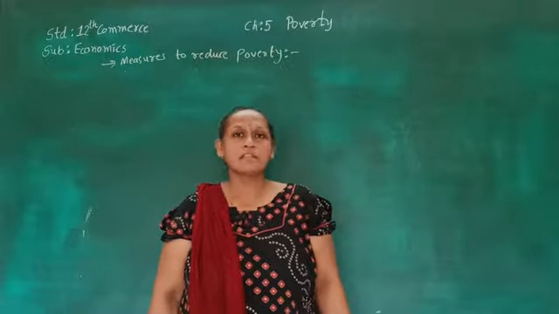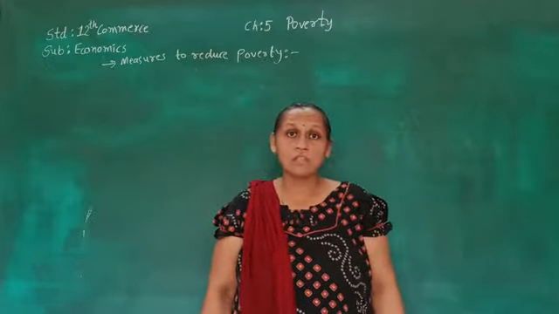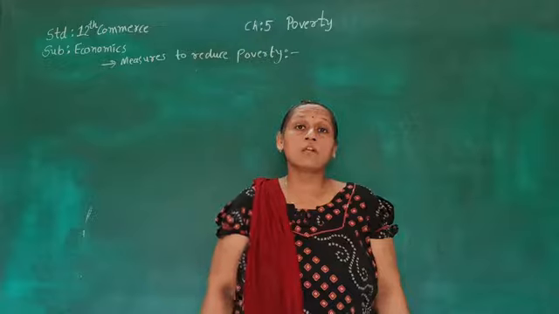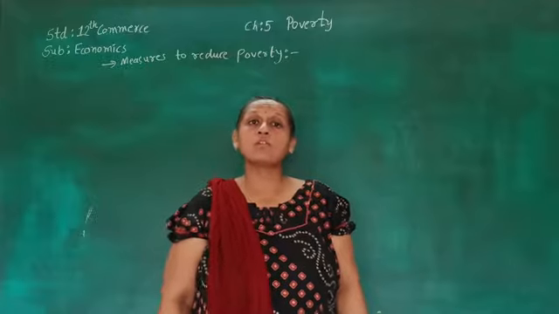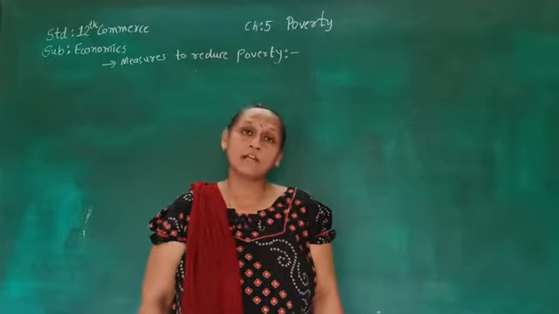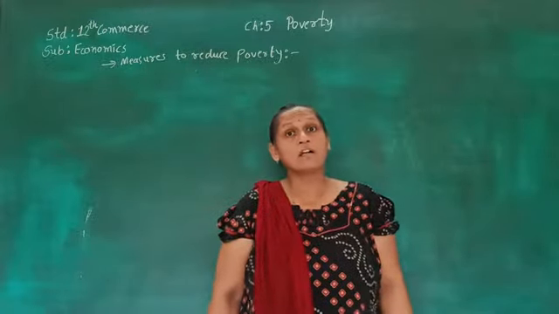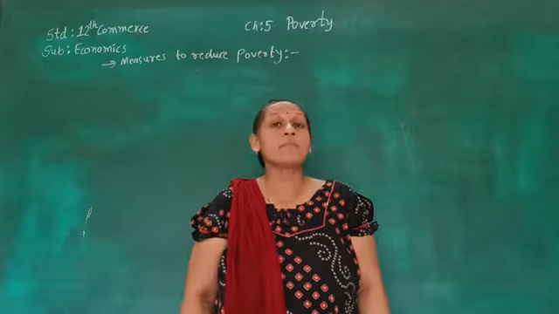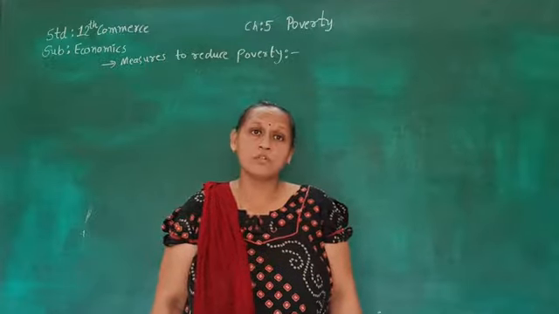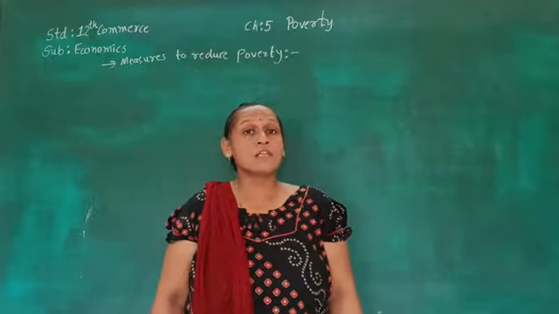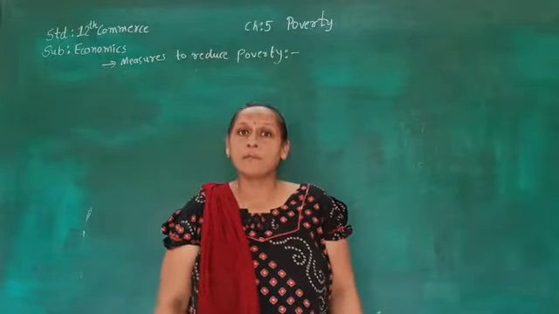Our next scheme is a social security scheme, under which security was given to the poor people. For the unorganized sector labor, a pension scheme was started. Those above 60 years old were provided with a pension. Under the Prime Minister security scheme, an accident insurance policy of rupees 2 lakh was given to the age group of 18 to 70 years, with a very minimum premium of rupees 12.